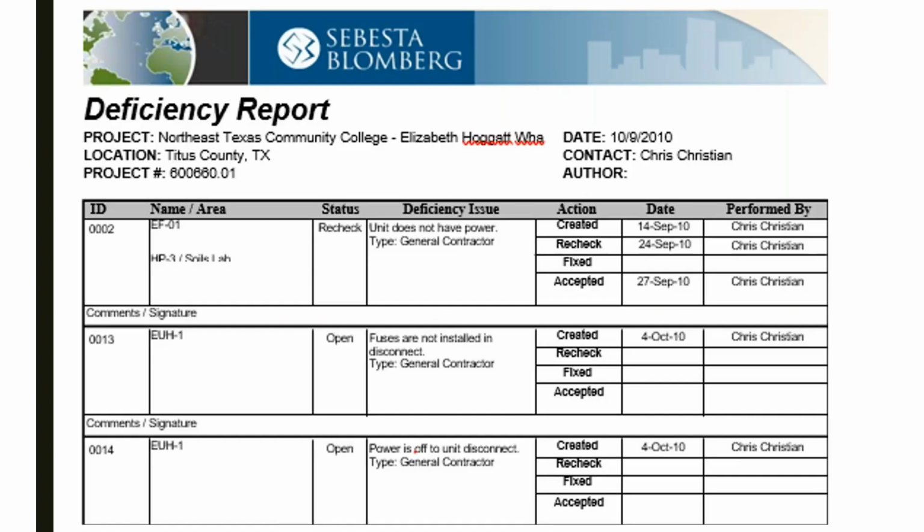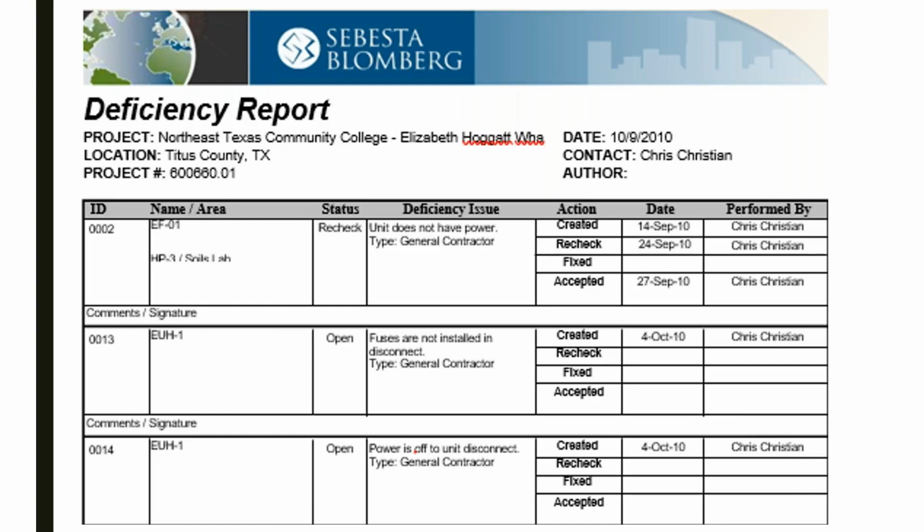This last one is interesting to me because I've never run across one of these before. It almost looks like retro commissioning. You can just see a few items, but I'm sure there were a lot of pages in this. For these different units, if you look at the deficiency issue, these are like retro commissioning type items. Now this is new construction actually, and this is the deficiency report when we go through the test and balance procedures of what's missing.